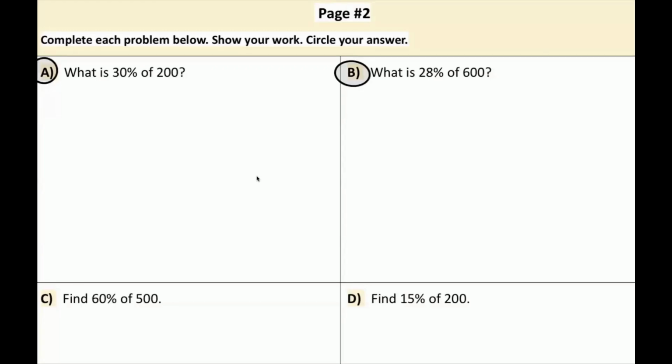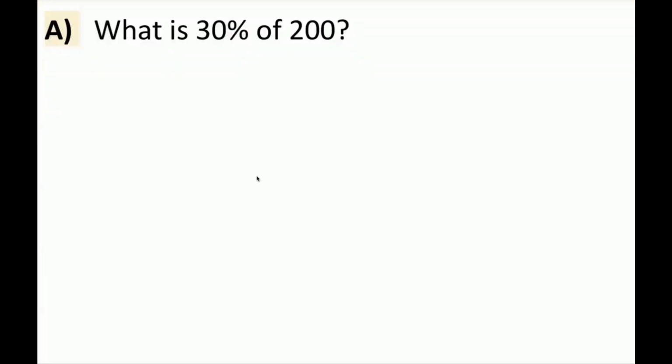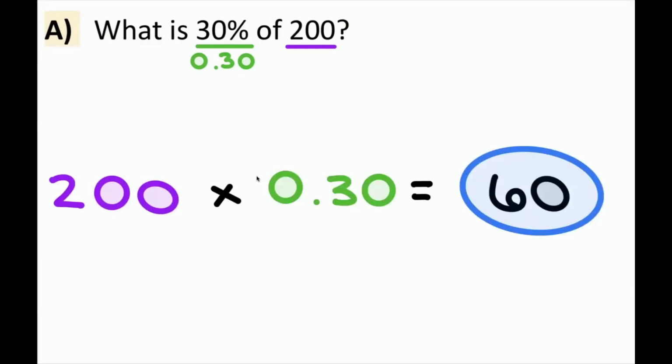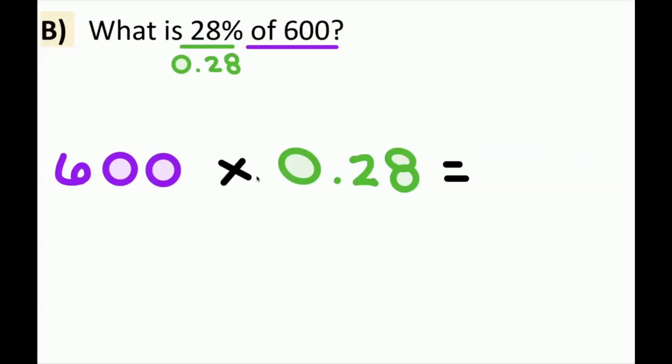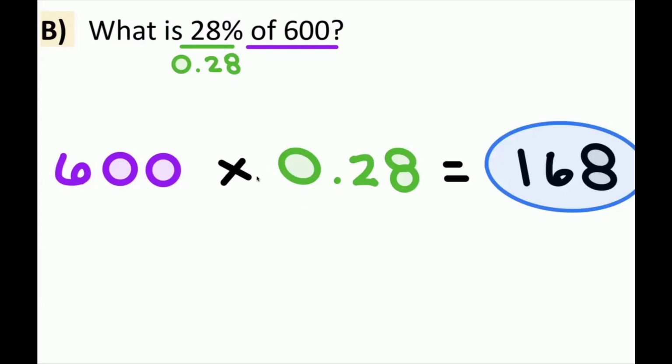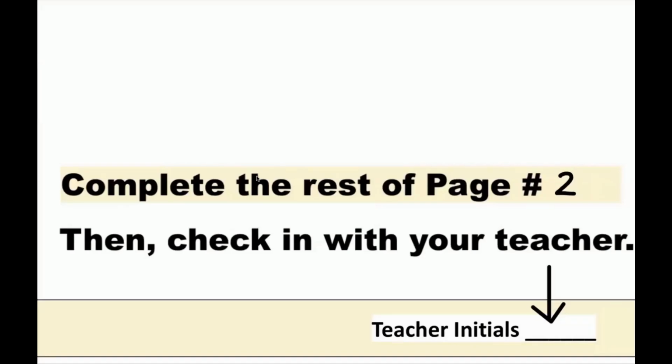Complete problems A and B, then come back to the video to check your work. Check your work for problem A. Check your work for problem B. Complete the rest of page 2 on your own, then check in with your teacher to get additional feedback.